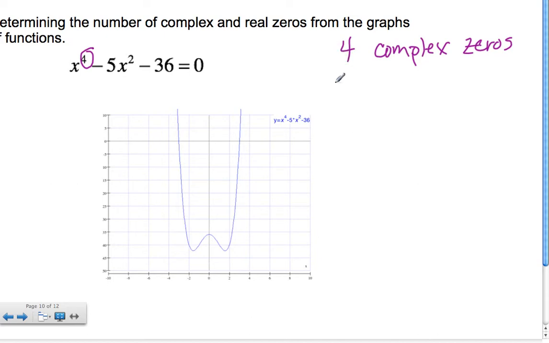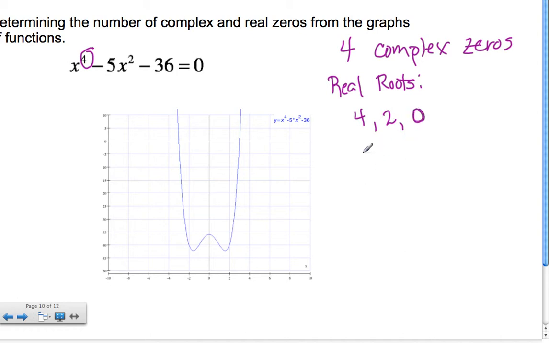The possible number of real roots it can have are going to come in pairs. It can either have 4, it can have 2, or it can have 0.